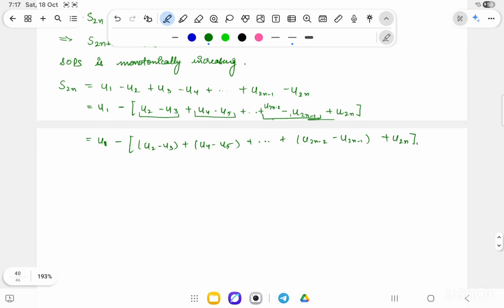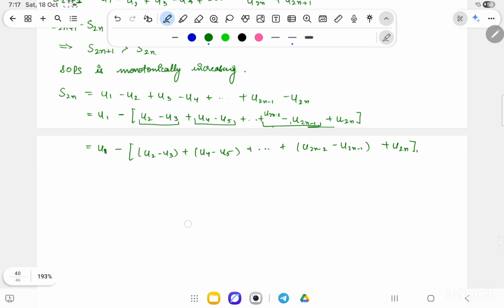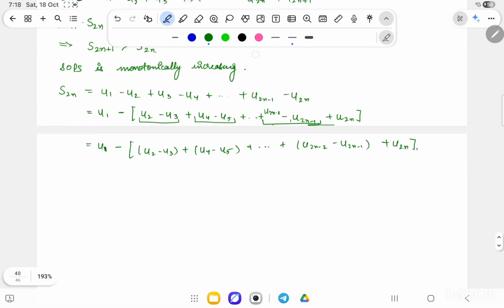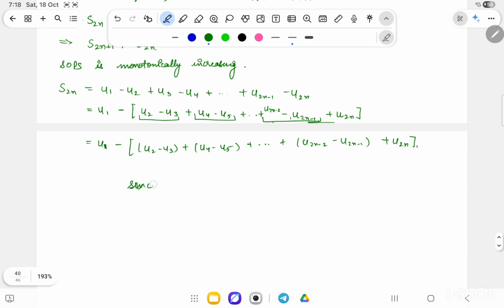Now if somehow we can show that this whole term is a positive term, then we can conclude that this whole thing will be less than u1. The initial condition is that this sequence un should be decreasing. Since u(n+1) is less than or equal to un, un minus u(n+1) will be greater than or equal to 0 for all n belonging to natural numbers.